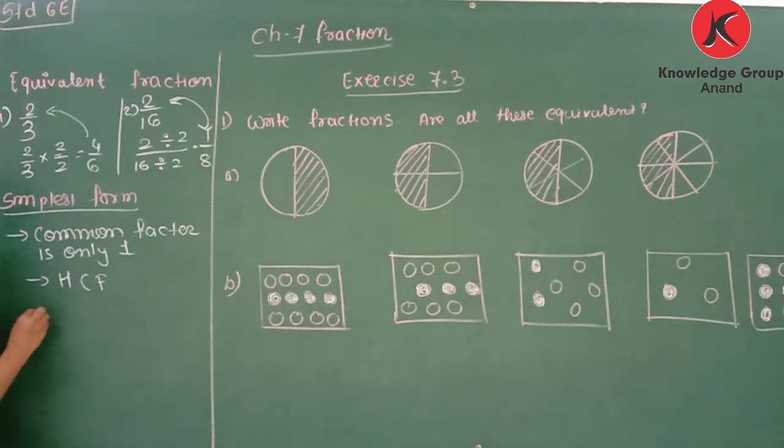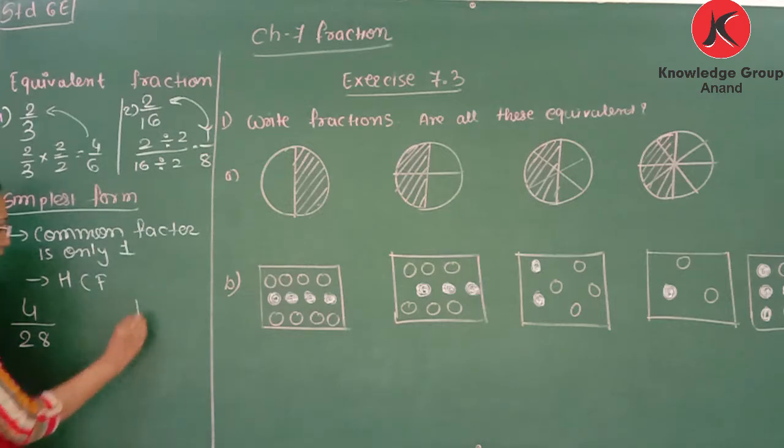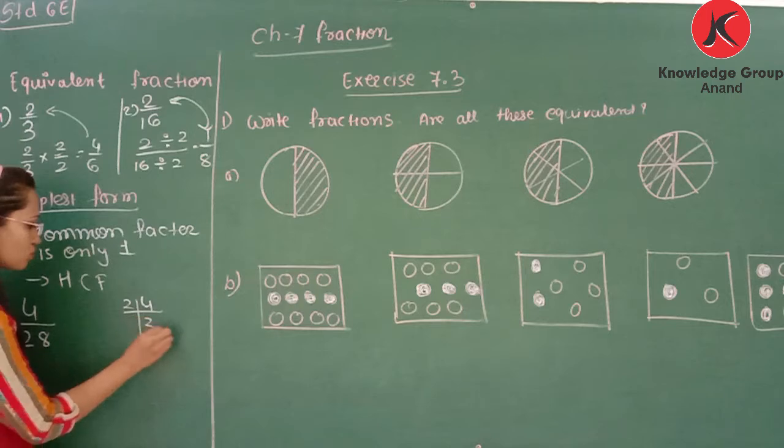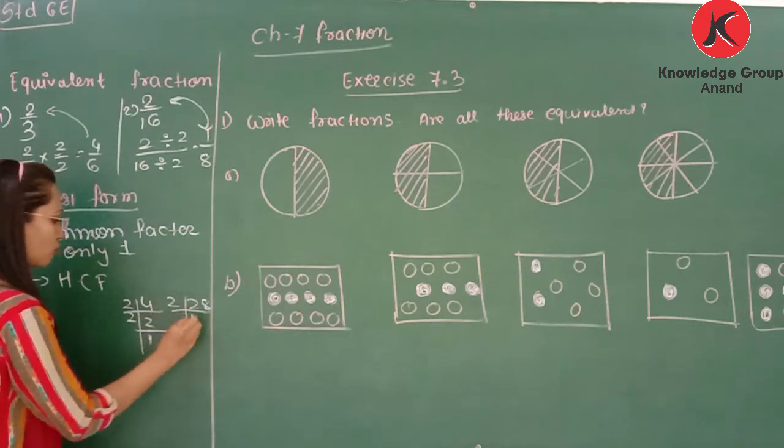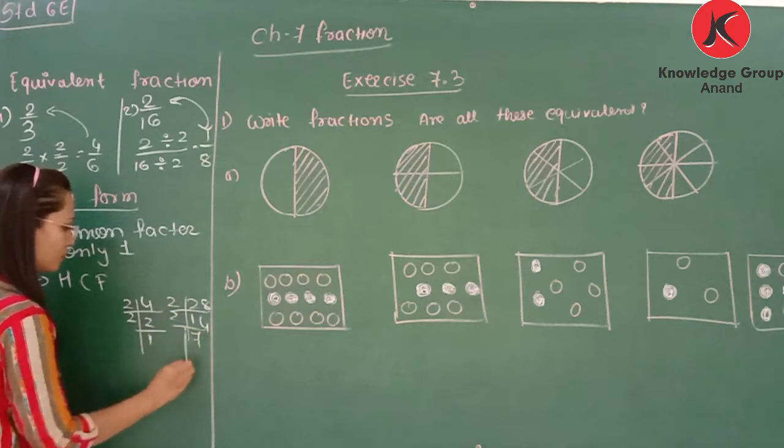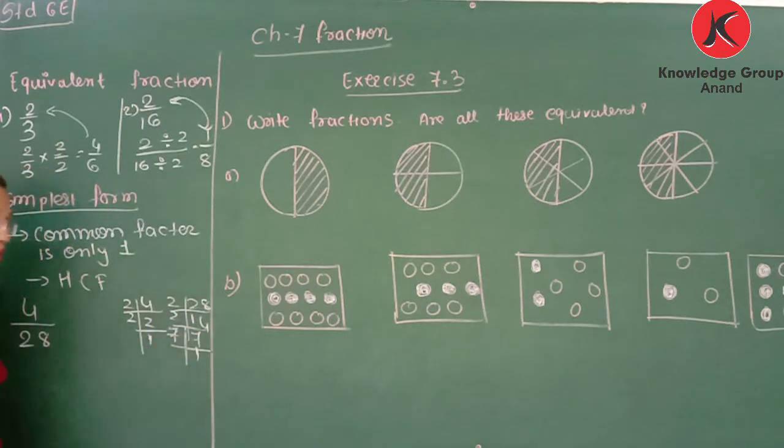Okay. Let's take one more example, 4 by 28. Now to find the simplest form, we take the HCF of 4 and 28. Factors of 4 are 2, 2s are 4. Factors of 28 are 2, 14, 2, 7, 7. Now what are the common factors? 2, 2.